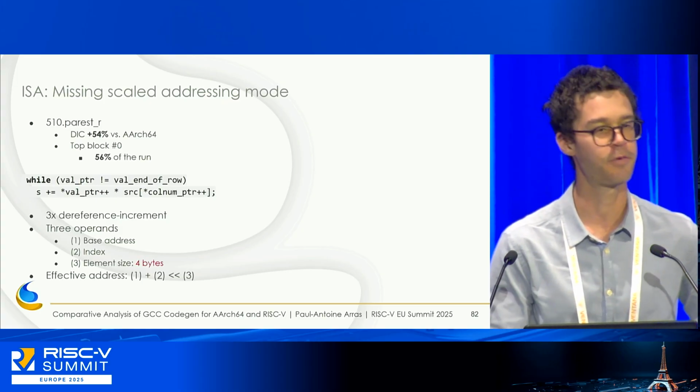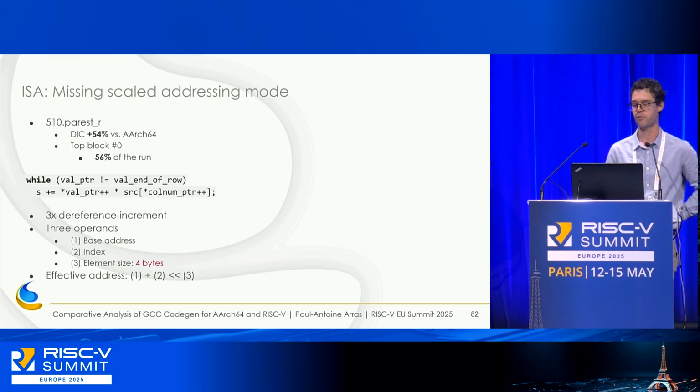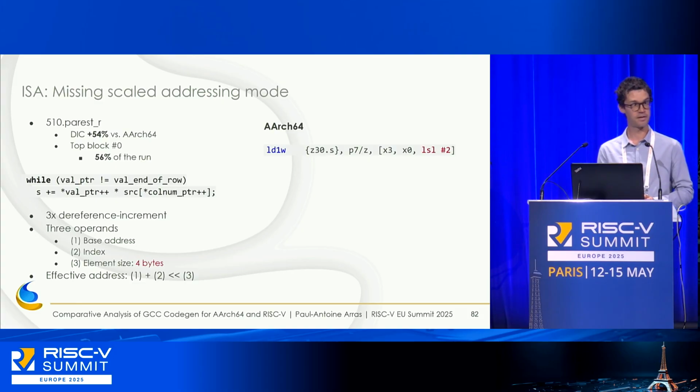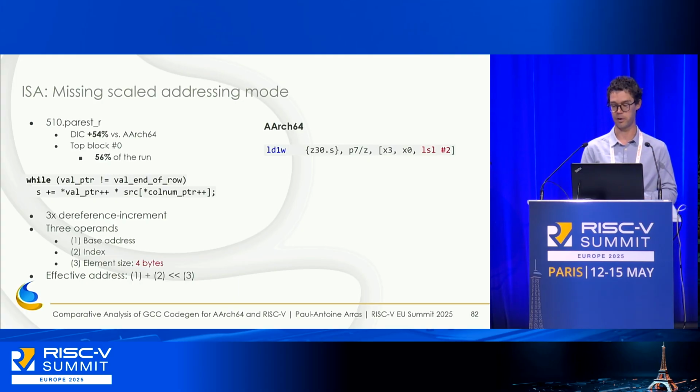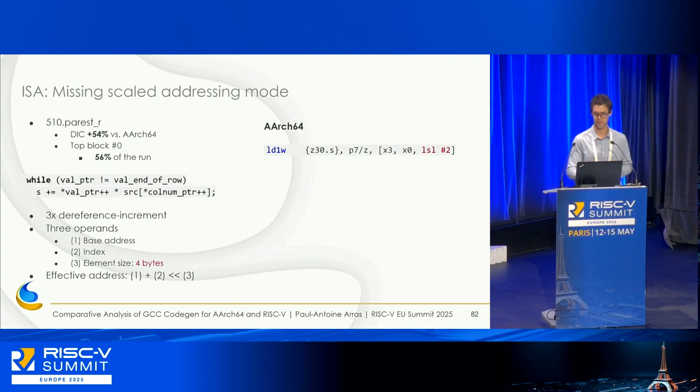We compute the effective address by adding to the base address the index shifted left by 2 in this case. If we look at the assembly that's generated for this kind of operation, for ARM it's pretty simple, just one instruction, one load, that's adding the base address in X3 to the index in X0, shifted left by 2, and the result is loaded into the vector register Z30. Now, if we look at the equivalent code for RISC-V, we see that we need two instructions.